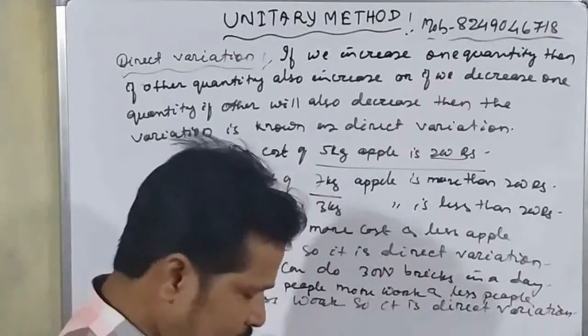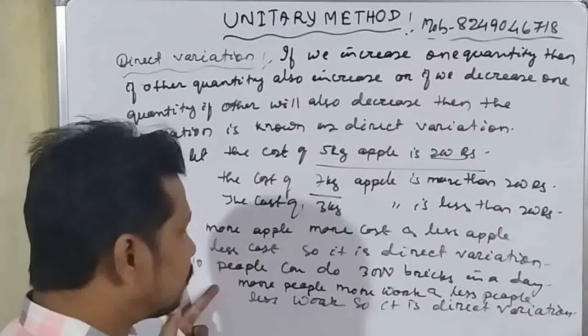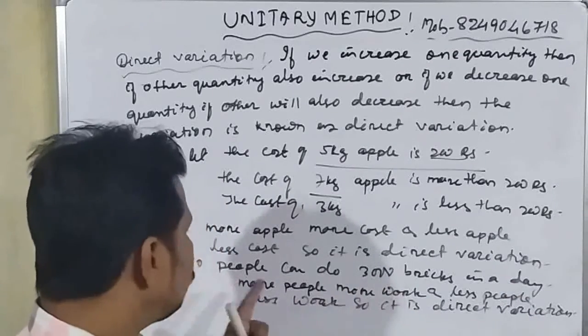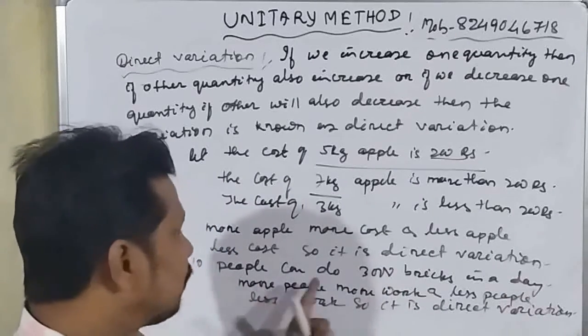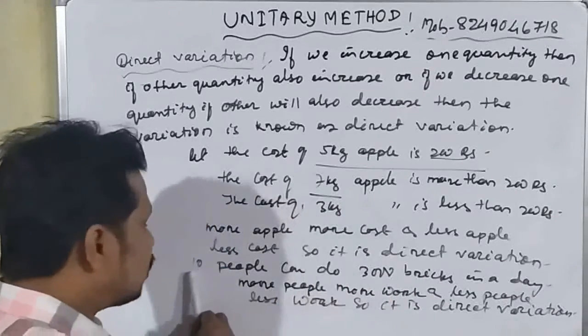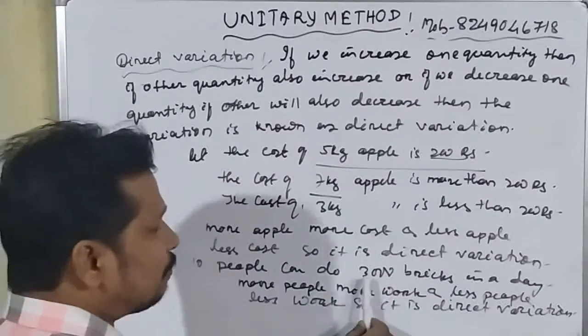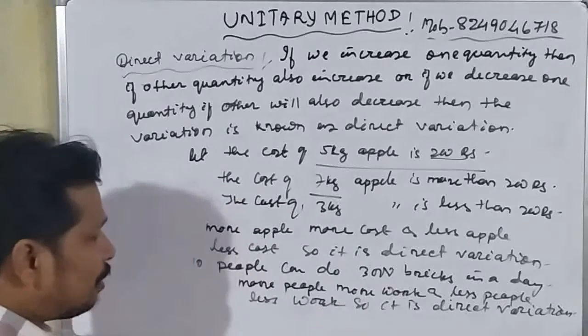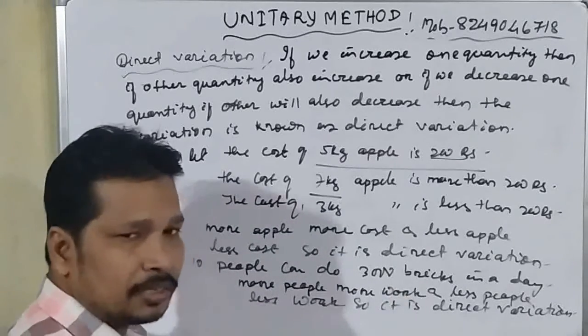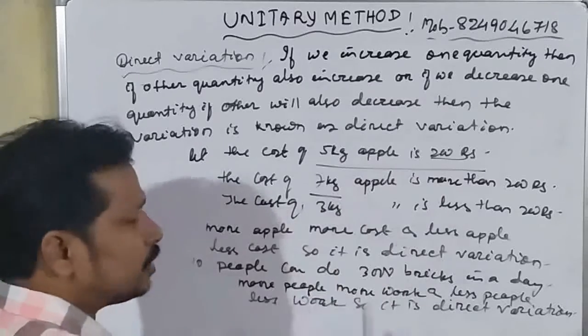If we increase the number of people, definitely the number of bricks will increase. Here we have used two quantities, one is the number of people and the other is the number of bricks. In a similar way, if we decrease the number of people, then the number of bricks will decrease. So it is an example of direct variations.